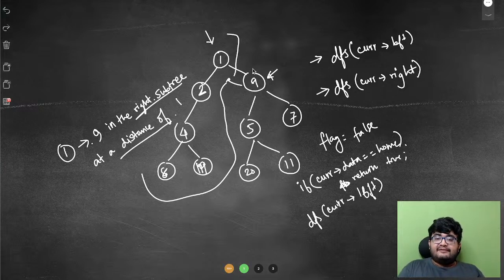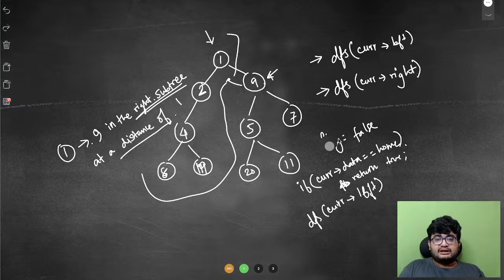When we do DFS current of right from 1, we get a true back, because 9 is there. So just by sending some value, we can identify whether 9 is in the left subtree, the right subtree, or not there. The first part, the right subtree, is very easy because we can leverage the recursion.